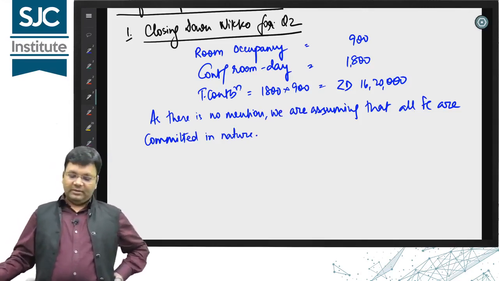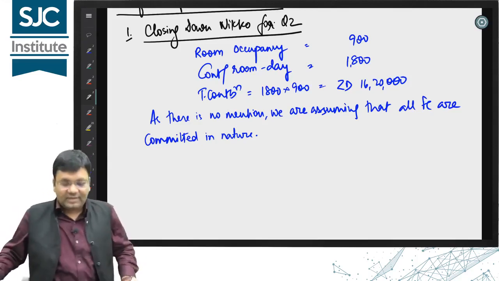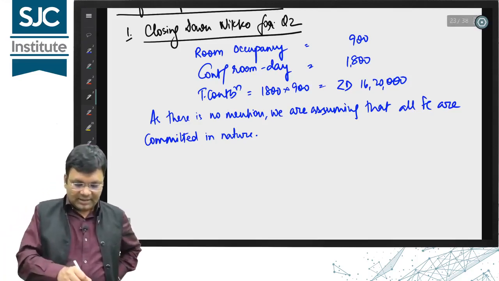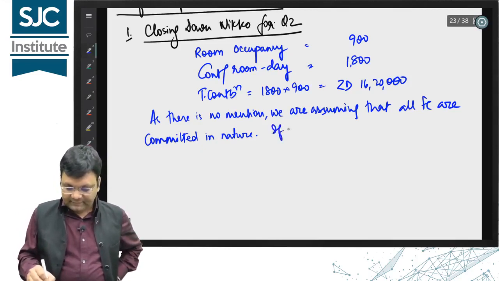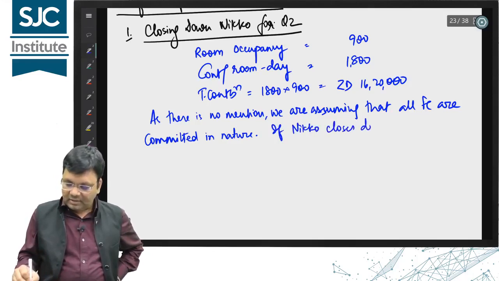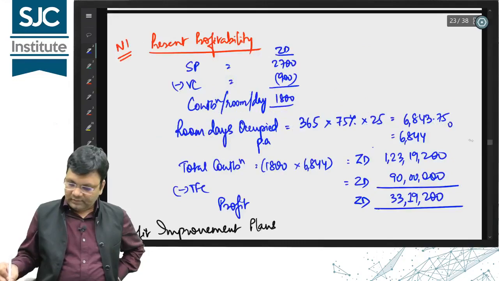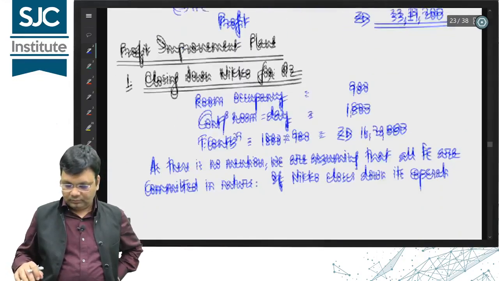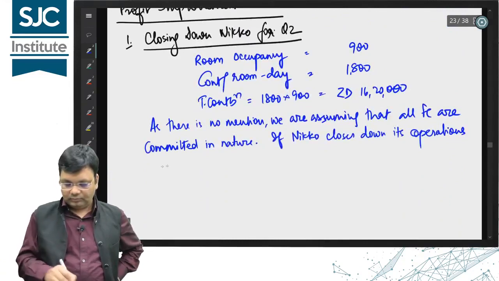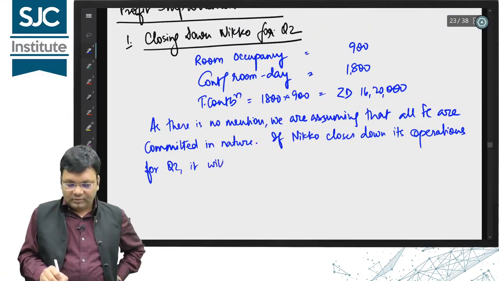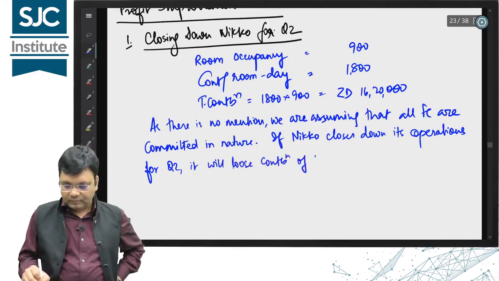As there is no mention, we are assuming that all fixed costs are committed in nature. So that means if Nico closes down its operations for quarter 2, it will lose contribution of ZD 1620.